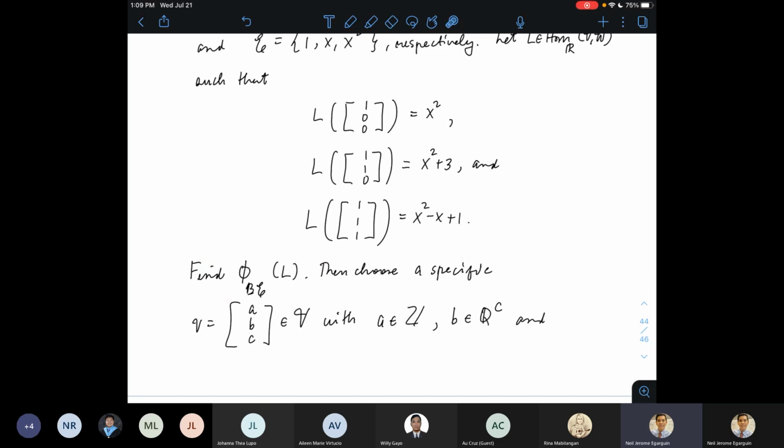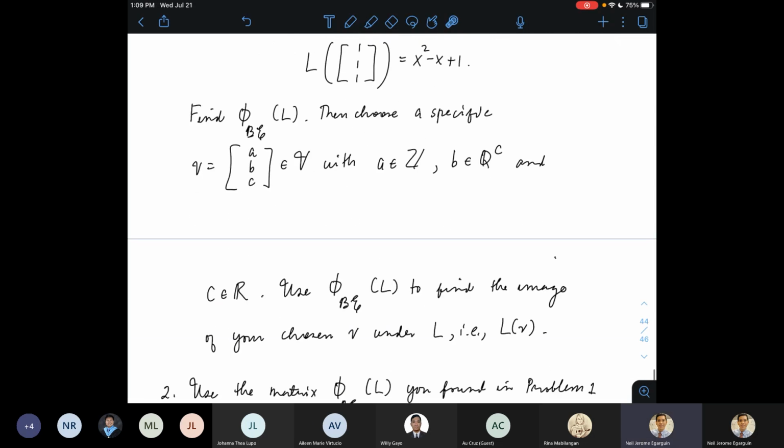And then you are free to choose one specific (a, b, c) in the domain that is not equal to any of the basis elements. Or actually, there are specific conditions on a, b, and c. So a must be an integer, b is an irrational number, and c is any real number.